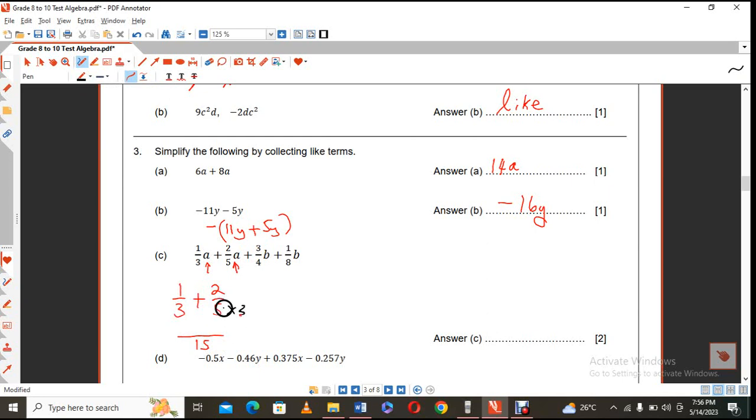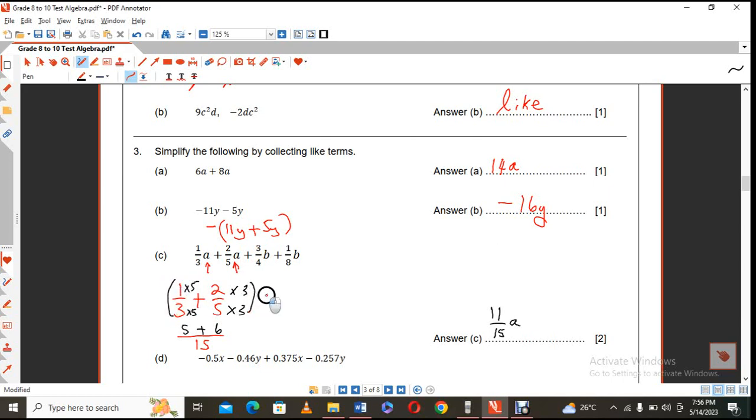You multiply here by 3 because 5 goes into 15 3 times, and you should also multiply the numerator by 3. You multiply here by 5 because 3 goes into 15 5 times, and you also multiply that part by 5. So at the end of the day, it's going to be 5 plus 6. All right. So that gives you 11 over 15, but now bring its variable there. Is that clear?